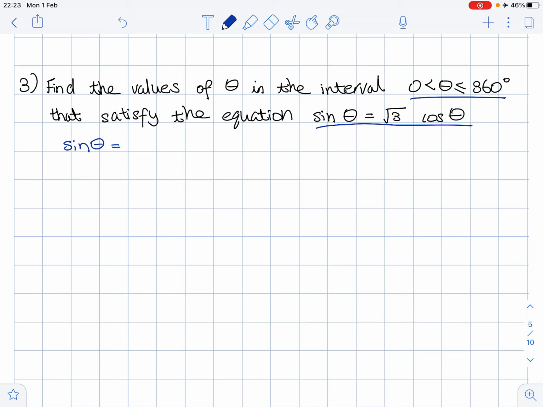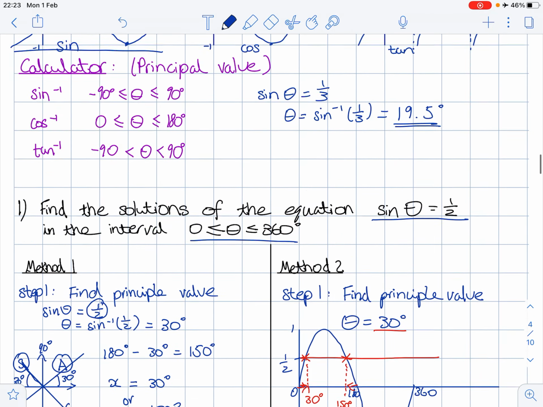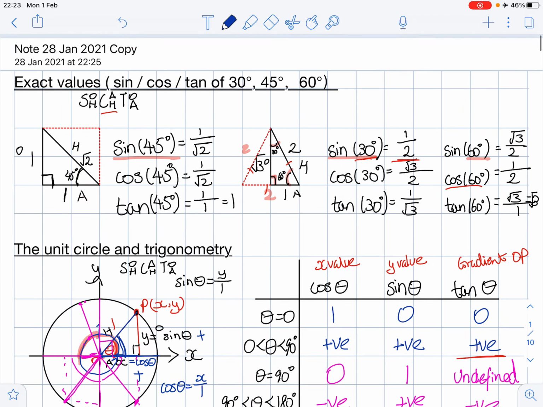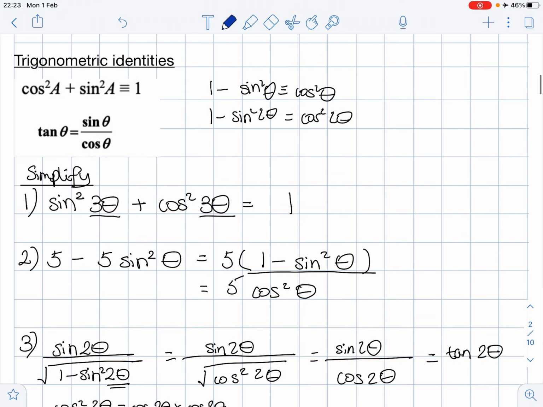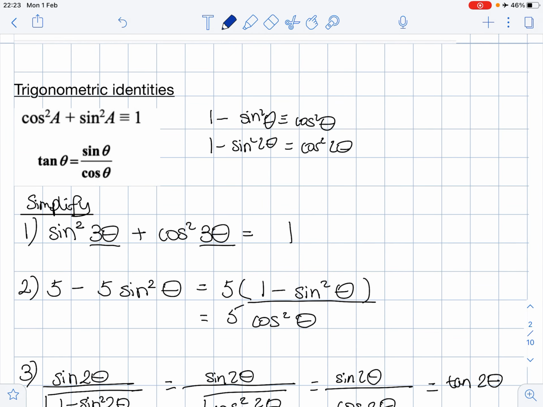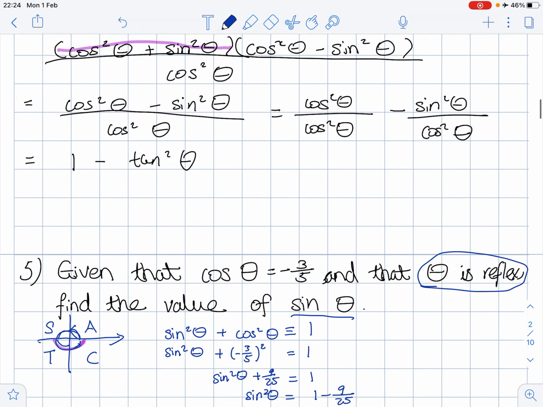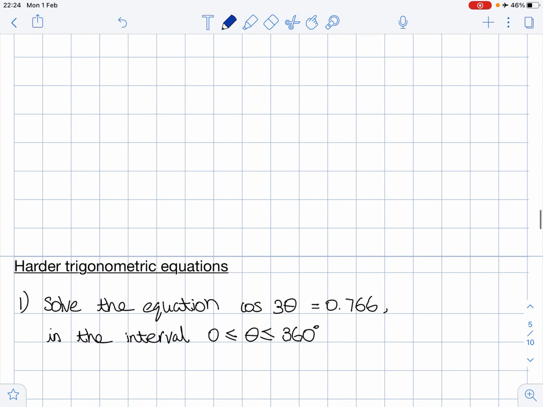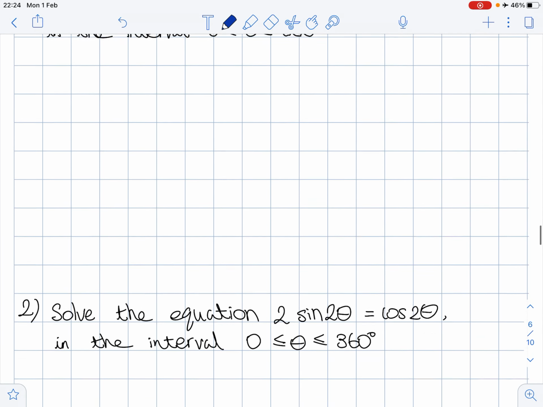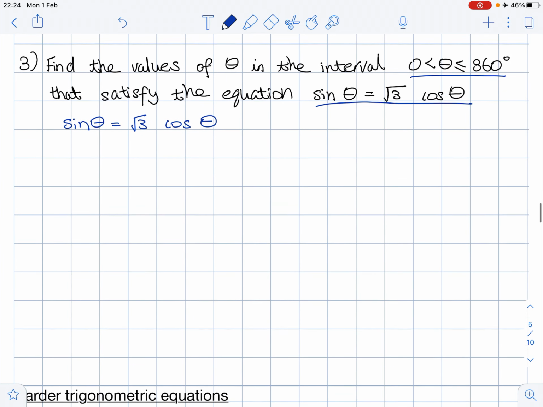So I have sin theta equals √3 cos theta. From our previous lesson, at the start of the lesson, we learned that tan theta is the same as sin theta over cos theta. So we're just going to rearrange our equation.